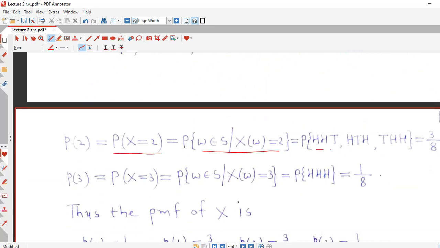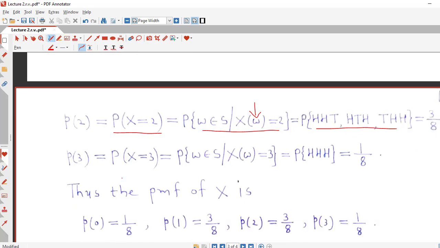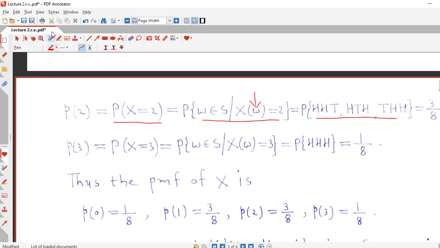So again there are 3 outcomes in favor of this event, so the probability is 3 by 8. The last one is the probability that capital X equal to 3, which means there are 3 heads. The outcome in favor of 3 heads is only one, so the probability is 1 by 8.